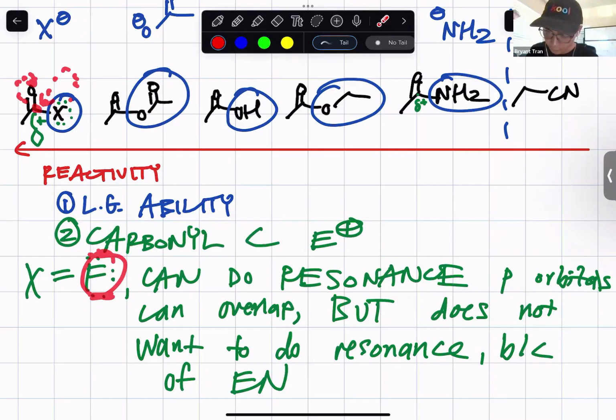And because it's not gaining negative charge, it remains a big positive charge. Whereas if you look at the nitrogen case, nitrogen, since it's less electronegative than oxygen and halogen, it's more willing to donate electrons to the carbonyl. And because it's donating electrons to the carbonyl, this carbonyl is gaining more negative charge, reducing the positive charge character.